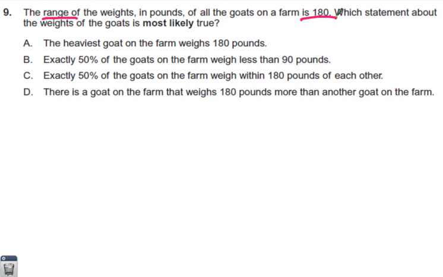Well, if 90 pounds is the median, which we cannot assume, so it's definitely not necessarily B. C, exactly 50% of the goats on the farm weigh within 180, I don't know, not necessarily. So D, there's a goat on the farm that weighs 180 pounds more than another goat on the farm. Well, ding, ding, ding! That's literally what the word range means.